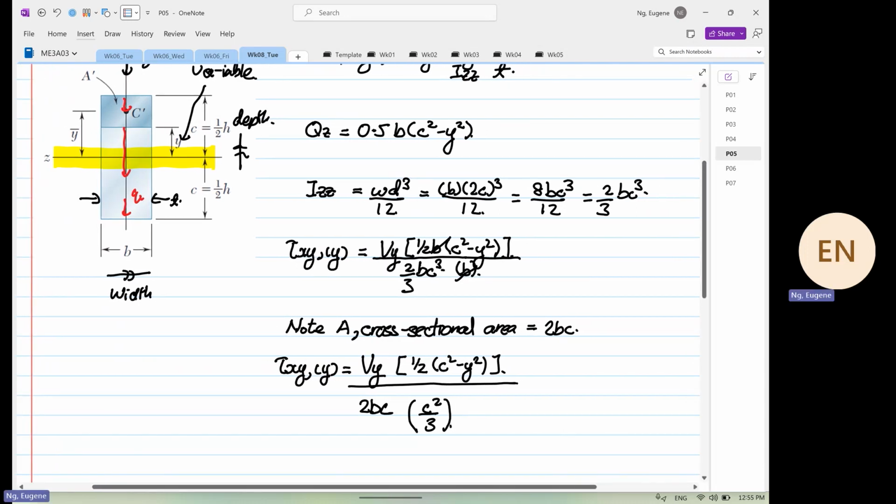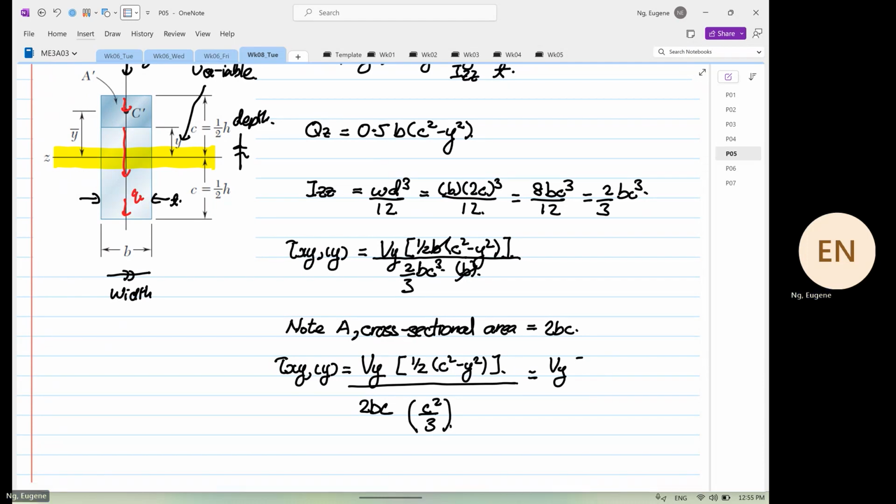So from here, this will be equal to Vy, half C squared minus Y squared, and then 2BC, you have your A, and then you have your C squared over 3.